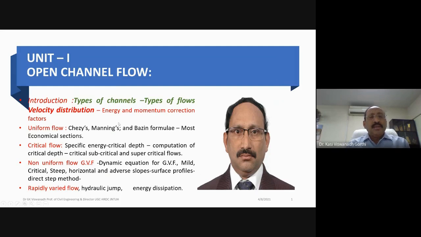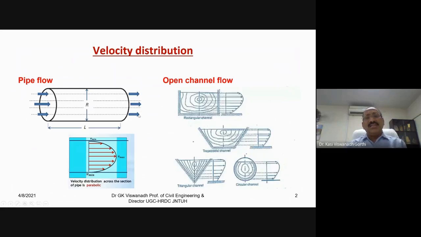In today's class, we look at the velocity distribution and the correction factors like the kinetic energy correction factor and momentum correction factor. So what is this velocity distribution? In our fluid mechanics subject, we already studied the velocity distribution for pipe flows. If we take a laminar flow or a turbulent flow, the velocity distribution would be different.